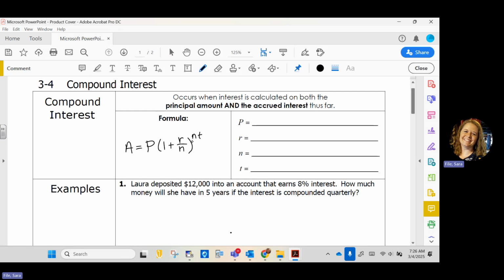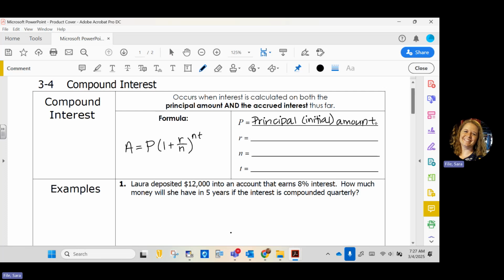So the P is what we call the principal, or initial. We talked a lot about that word initial, but when we're talking about the money that you start with in an account or an investment, that's called the principal. Or the initial amount of a loan or something like that.